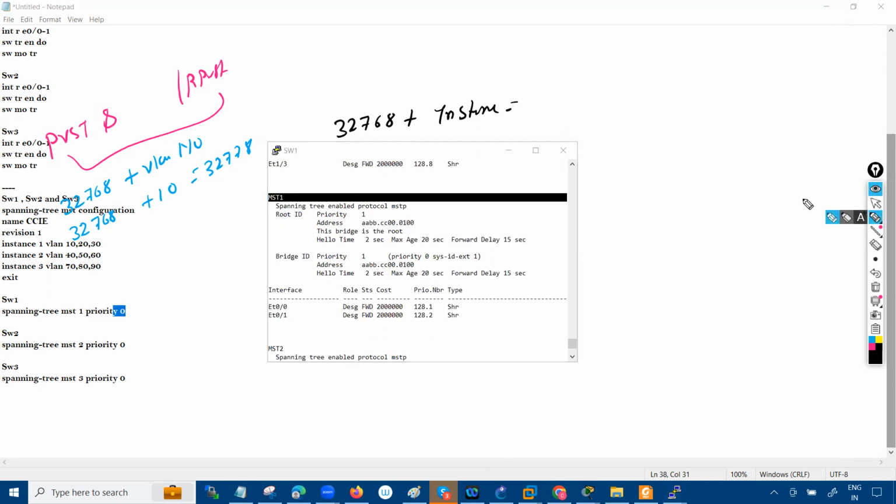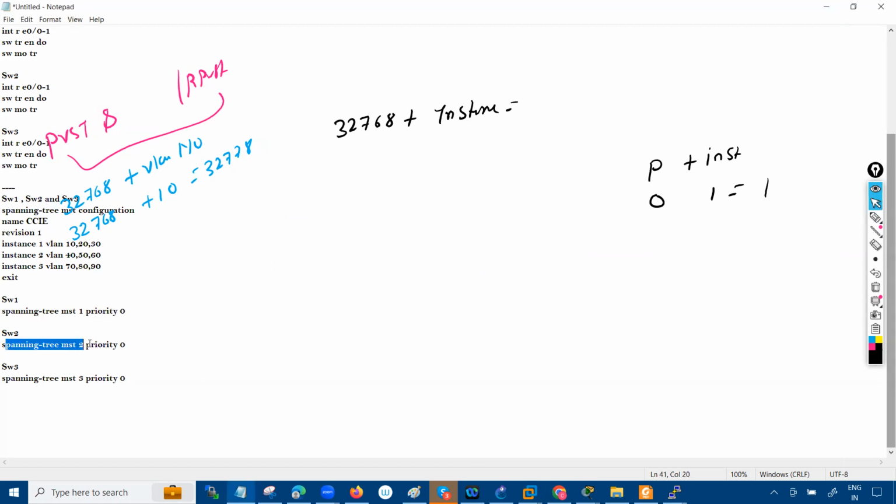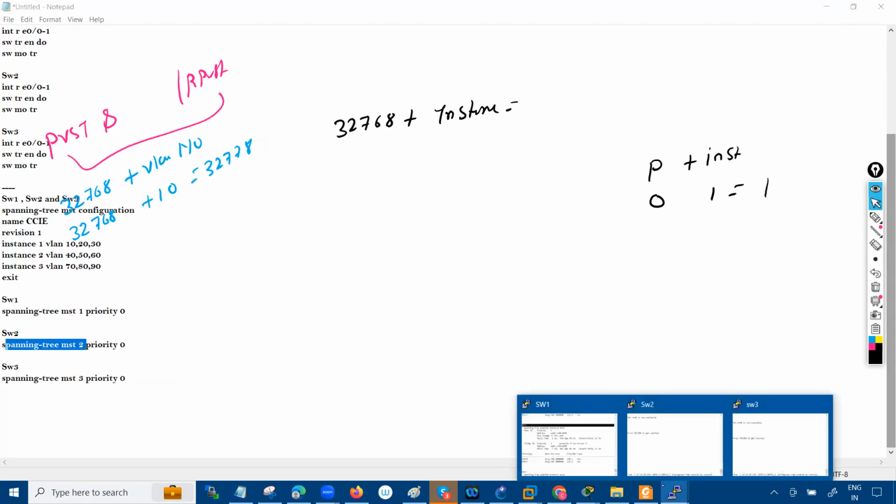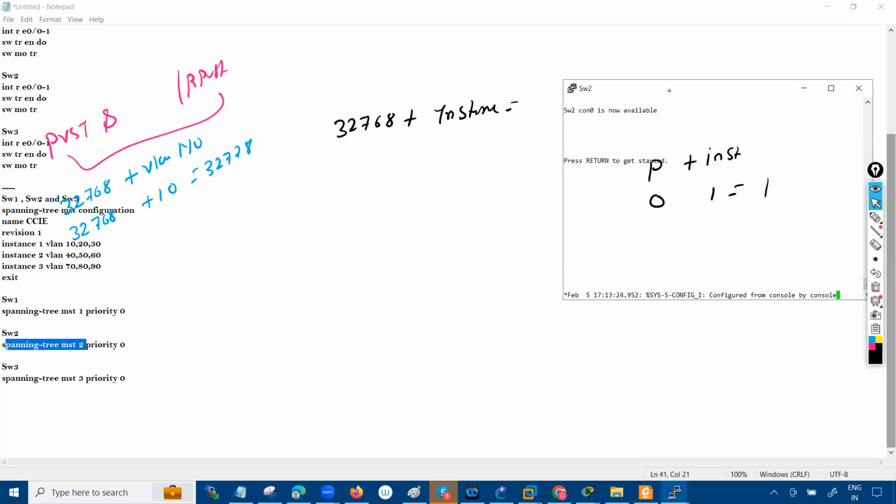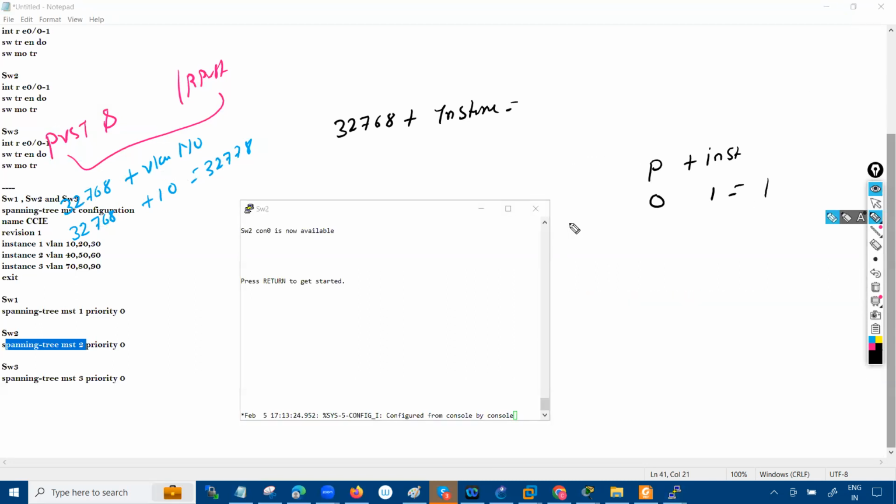It will add the priority, not 0, and then the instance number. So the instance is 1, it will have a 1 now. What I changed the priority for switch 2, for MST number 2? It's 2, right? So on switch 2 right now, the priority is again 0 plus instance number 2. It's going to become 2 over there.